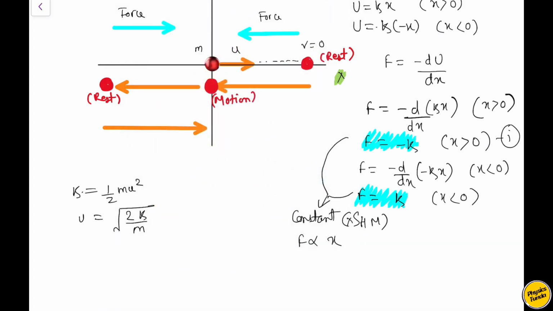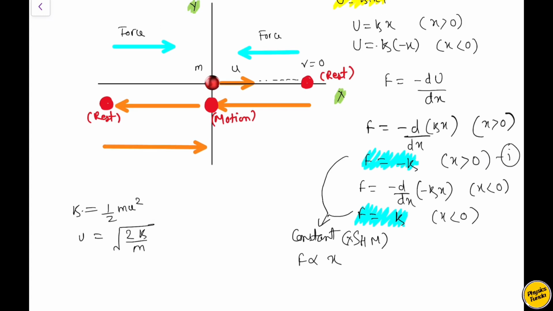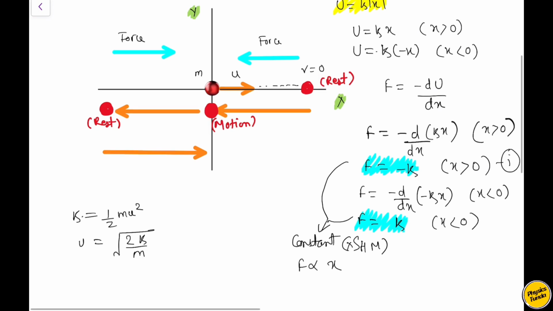Okay, so if I find the time taken by the particle going from origin to rest, and I multiply that with 4, I can get the time period because it is symmetric about the y-axis, right? So the time taken by the particle to go from position 1 to 2, let's call this, and again from position 2 to 1, will be equal.